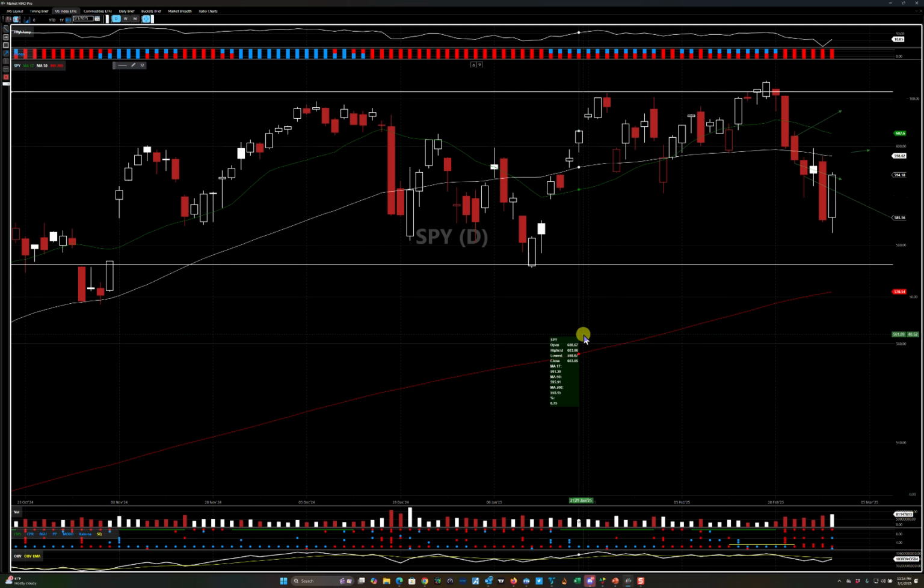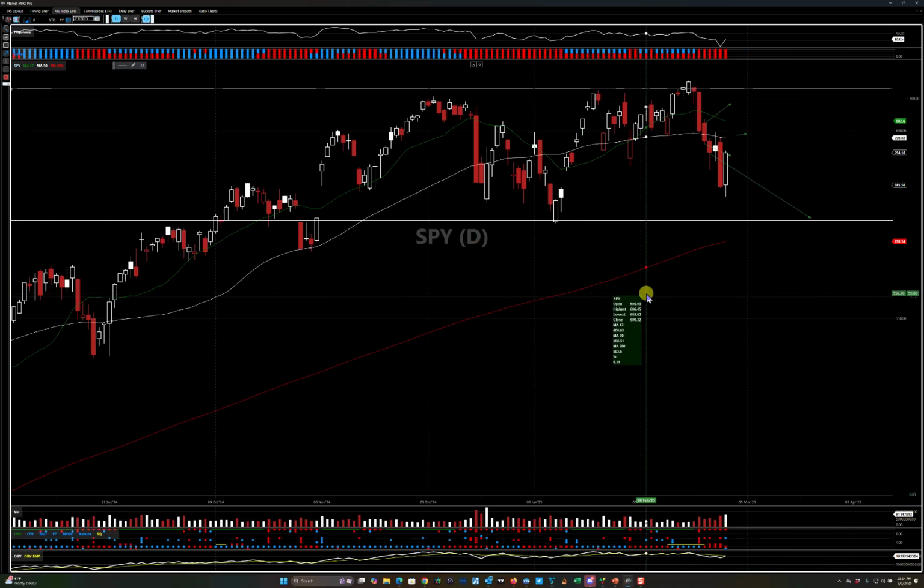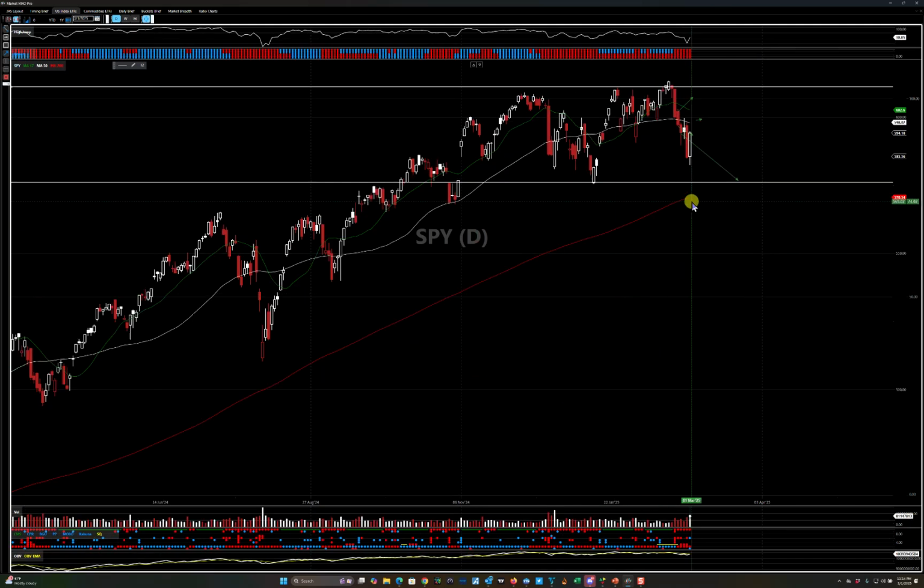So the Spider does not look great. You look at where is it going to go to. The 200 is not that far. This white line here is, I think, a likely destination, which is only about 10 points away, less than 2%. Give it a couple days, the 200 will be there, and let's see if we hold.